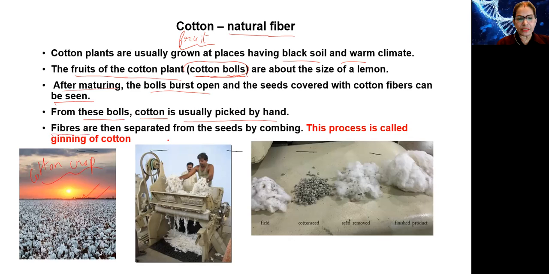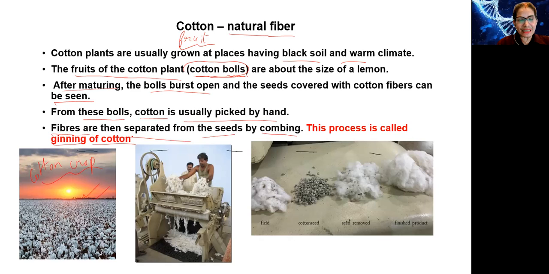Then the fibers are separated from the seeds by combing. Combing, just like we comb our hair, they will also be combed so that the seeds can be removed. And this process of removing the seed from the cotton is known as ginning. Ginning of cotton. What is ginning of cotton?